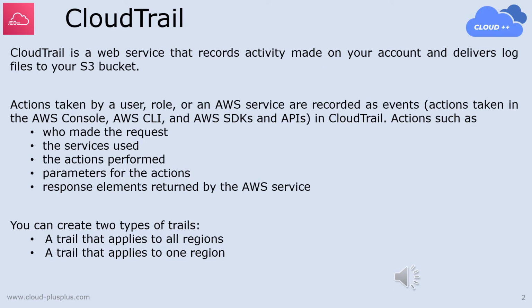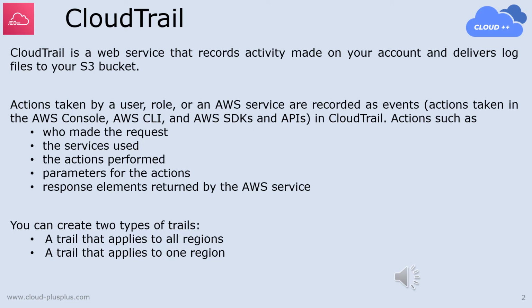These actions are taken through the AWS Console, AWS CLI or AWS SDKs and APIs. Actions such as who made the request, the services used, the actions performed, parameters for the actions, and the response elements returned by the AWS service. This information helps you to track changes made to your AWS resources and to troubleshoot operational issues.